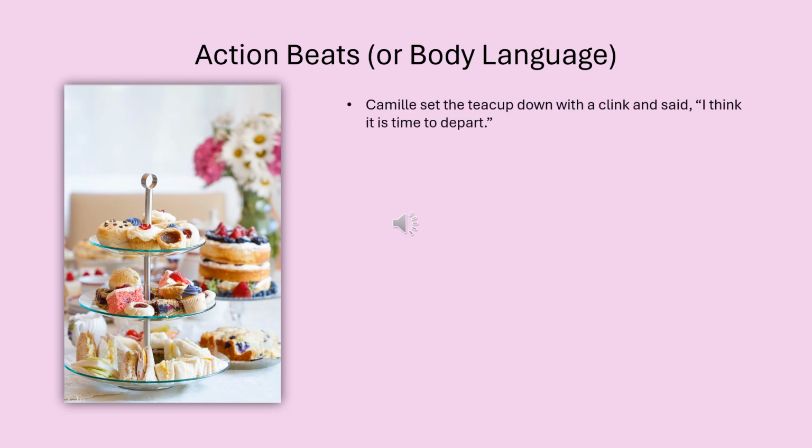So the first one is, "Camille set the teacup down with a clink and said, 'I think it is time to depart.'" Now, let's break down the parts of this little paragraph. "I think it's time to depart" is the dialogue. It's the words actually said. The dialogue tag is a little complicated because it is a compound sentence. "Camille said" is the dialogue tag, but Camille did two different things here.